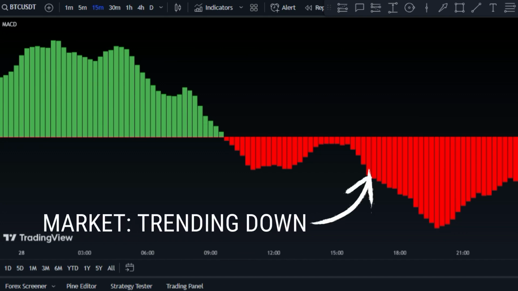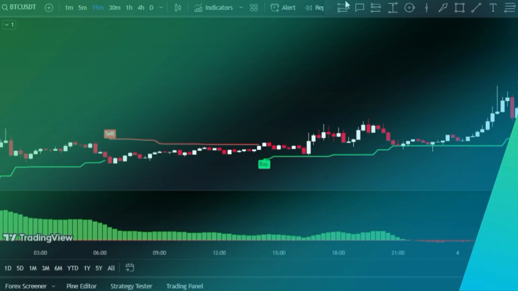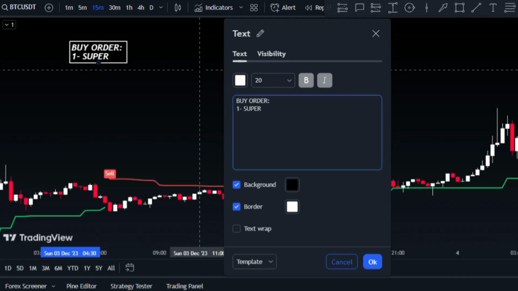Alright, now let's get into the nitty-gritty of how to enter a trade using these indicators. First up, let's discuss long trades. First things first, you'll want to wait for a buy signal from the pivot point super trend indicator.